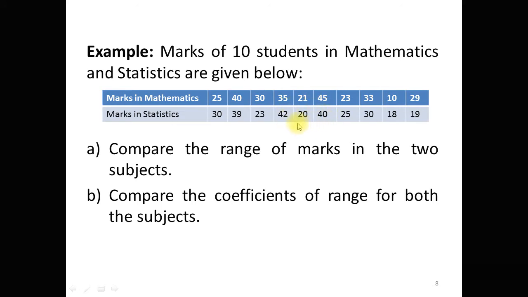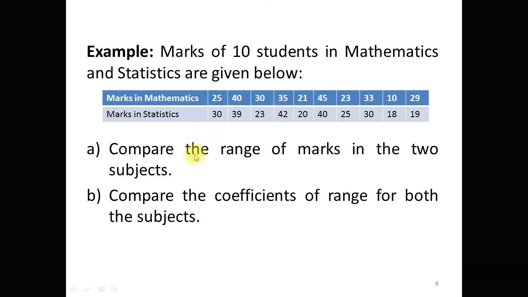We compare the two data sets, and in this example, marks in mathematics of 10 students are given, and marks in the statistics course of 10 students are given. So we are going to compare these two data sets.